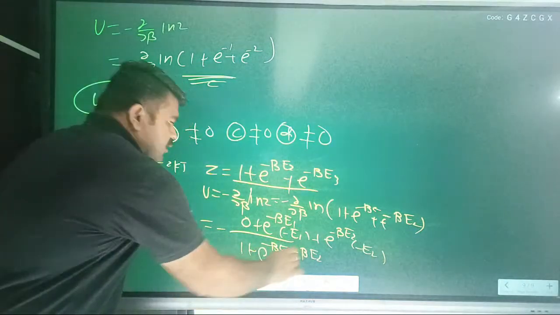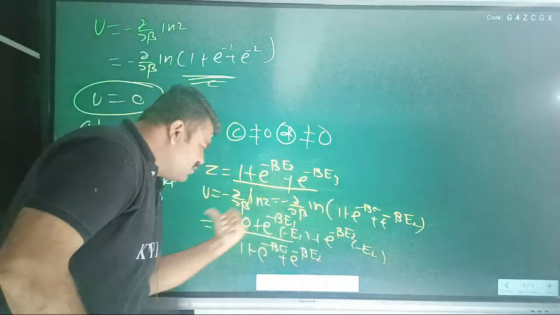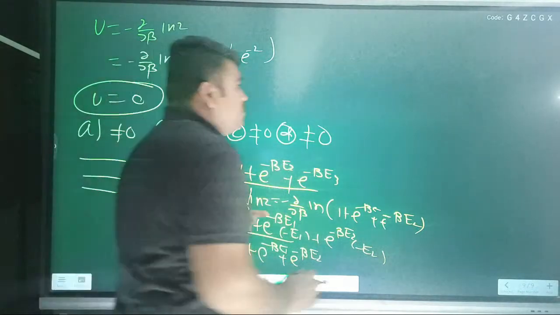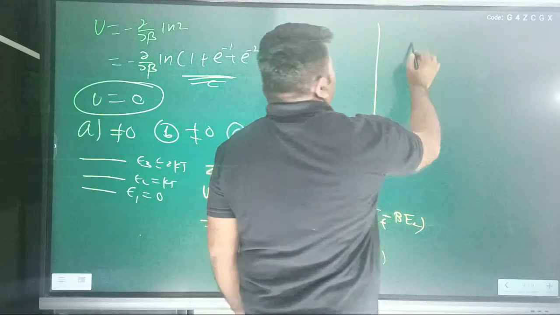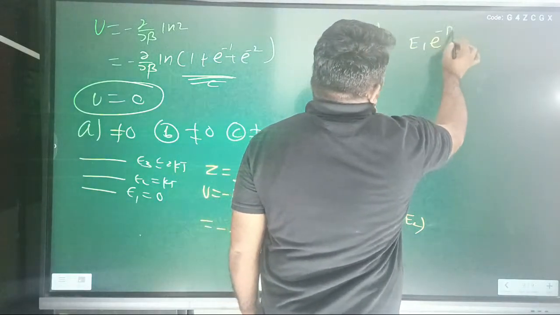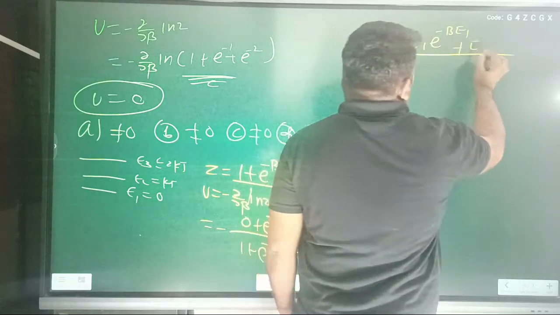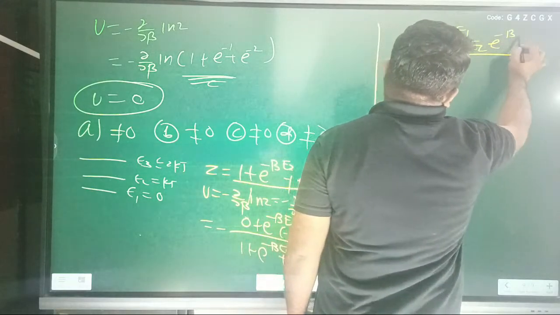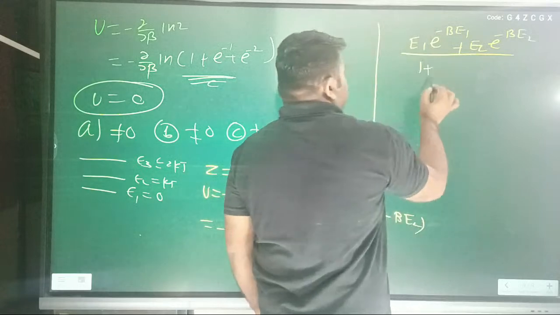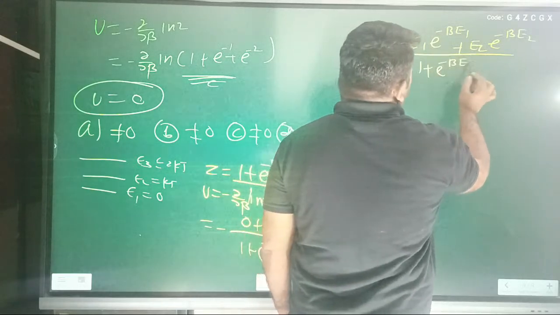Clear? Numerator, this minus take outside and minus becomes plus. Then this is e1 e to the power minus beta e1 plus e2 e to the power minus beta e2 upon z.